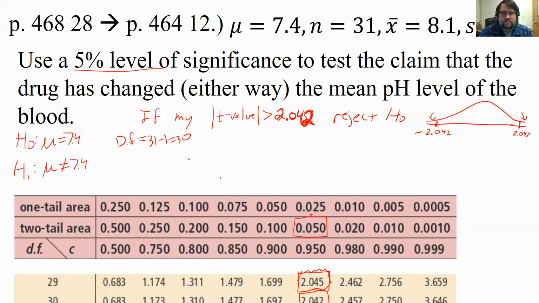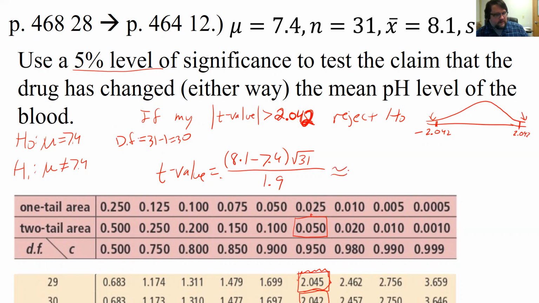Okay. So I'm going to figure out my t value, just like I did before. I'm going to take my sample mean, 8.1, minus my predicted mean, 7.4, times the square root of 31, divided by 1.9, which looks like the standard deviation.